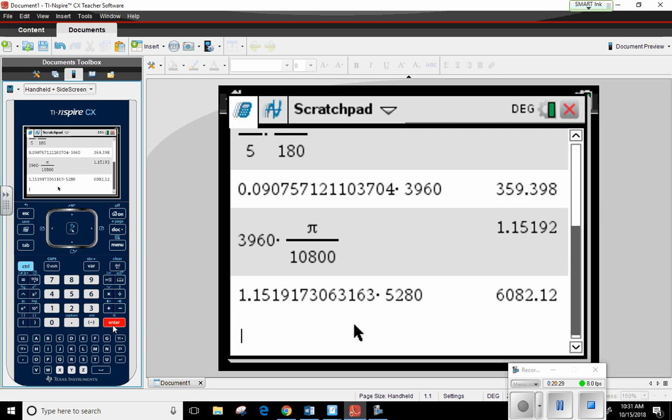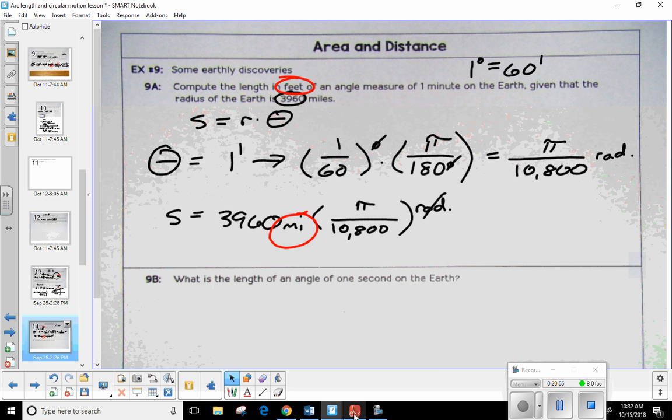So I'm getting about 6,082 feet that the Earth is going to rotate from a point to when it stops a minute later. Okay. Hayden, so do you see what happened? Oh, okay. Okay, there we go. So about 6,082 feet. Good.